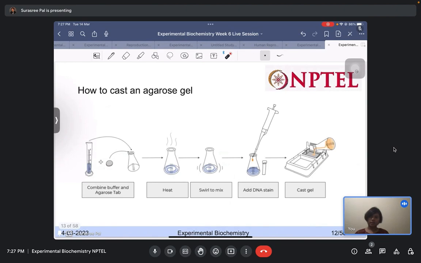Now if we see how we cast an agarose gel in our lab, first of all, what is the buffer in which we run agarose gel? The buffer is TAE, which is Tris, acetic acid and EDTA.